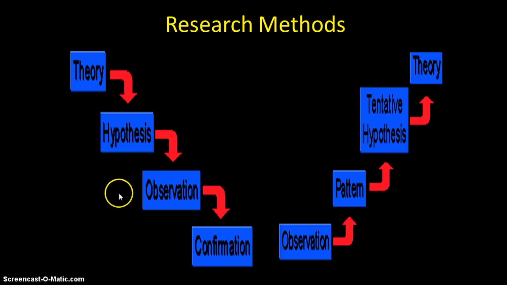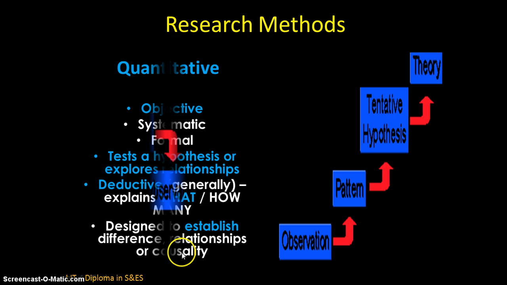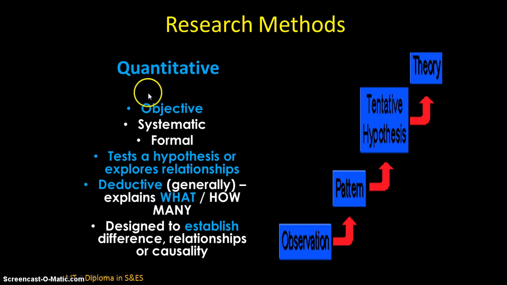You collect your data, you make your observations, you get your numerical information, and from that data you can either agree with or disprove the hypothesis that you were testing. So it's all about the hypothesis in quantitative data. And you can see, because it's generally numerical, it's very objective, very factual. You're testing a hypothesis, looking for differences or relationships in the data.